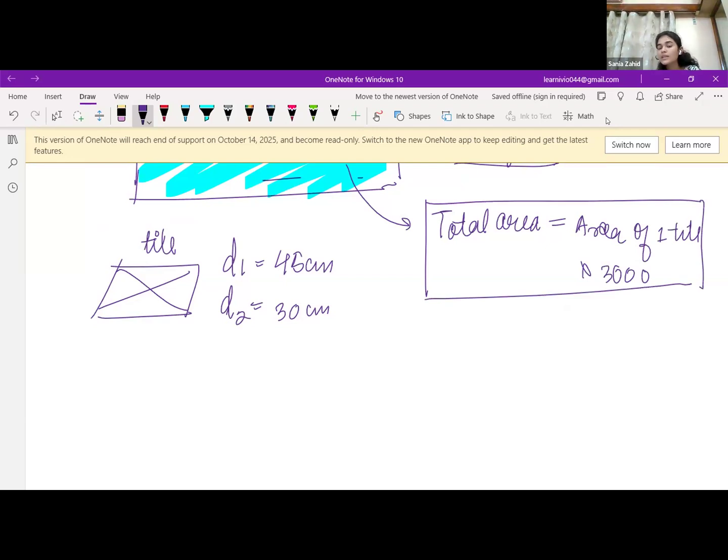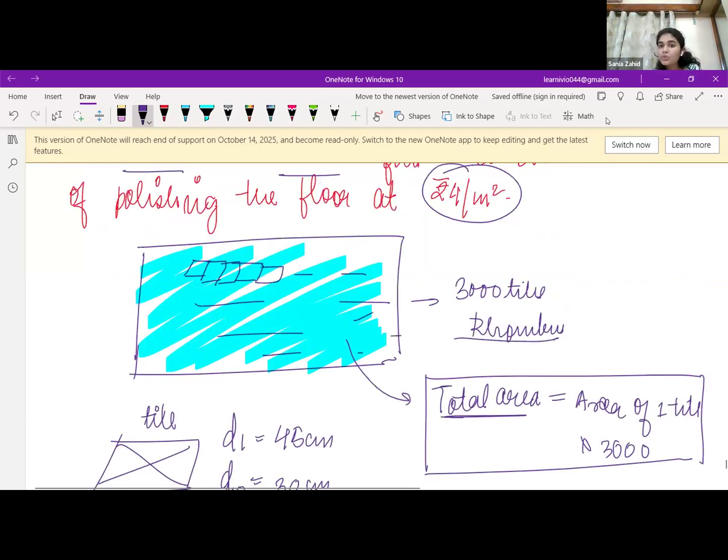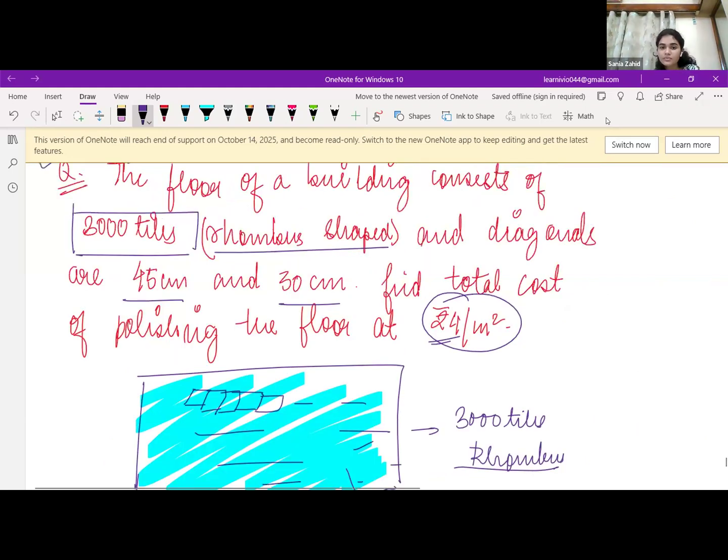Calculate the total area and multiply it by 4 rupees, because for 1 meter square they're charging 4 rupees. Do you understand the concept of the question? Yes, ma'am.